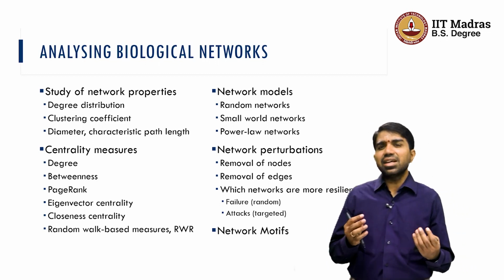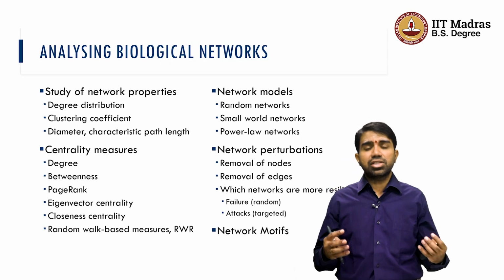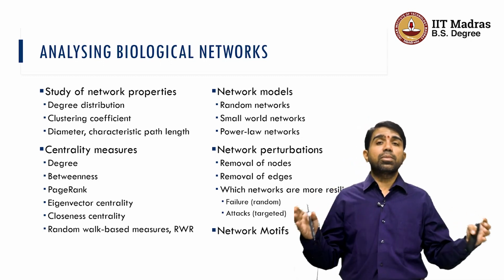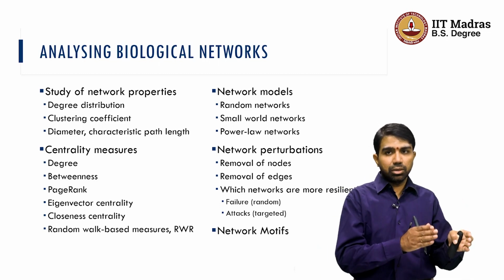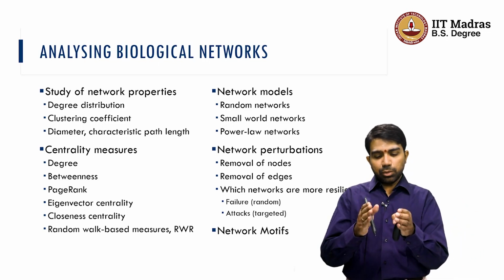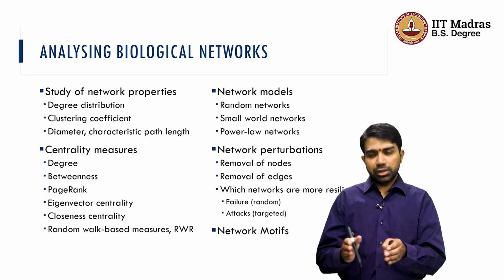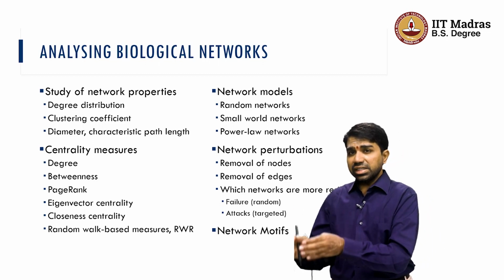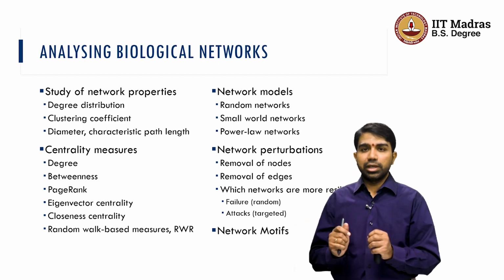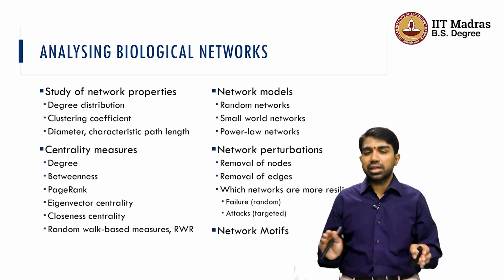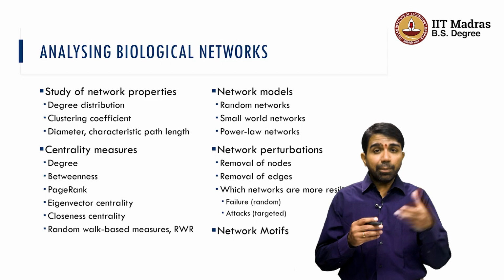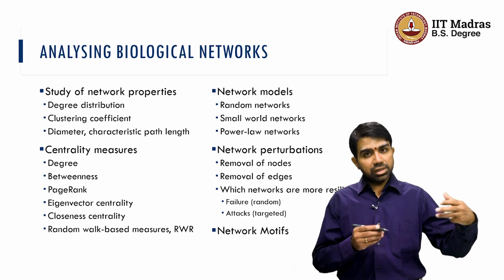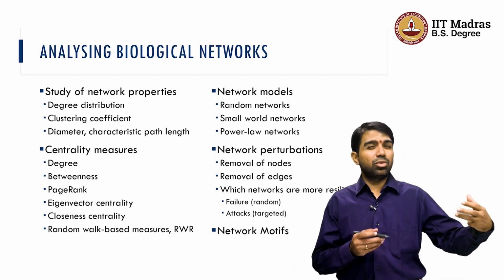So, in any real world situation, we like to bin our observations into some boxes. These networks look like they are random. These networks look like they are small world networks. These networks look like they are power law networks. So, these are some bins that we will try to put these networks in, and there are network models which we will compare to see if, oh, this network looks random, there is really no structure in the network.